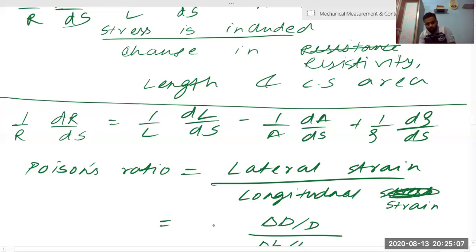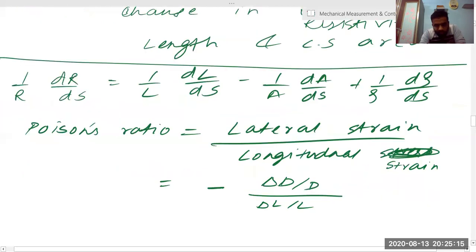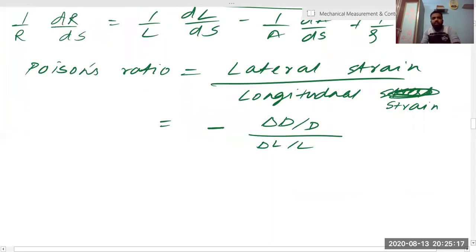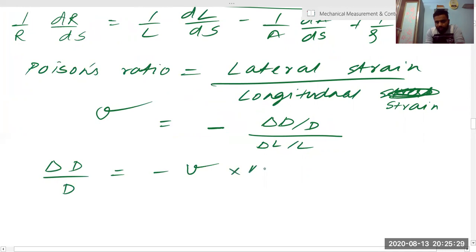So these two ratios will be negative of each other, and in the mathematical equation we have to consider its negativity also. So Poisson's ratio, given by nu, is minus delta d by d upon delta L by L. So what I'm getting from here is delta d by d is equal to minus nu into delta L by L.